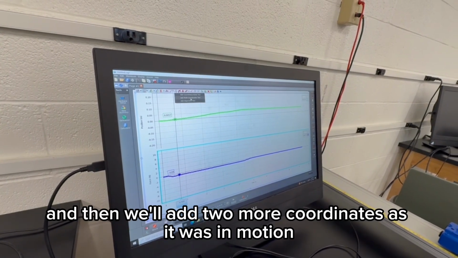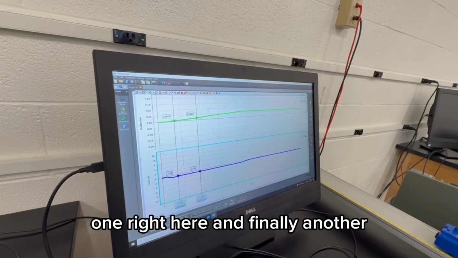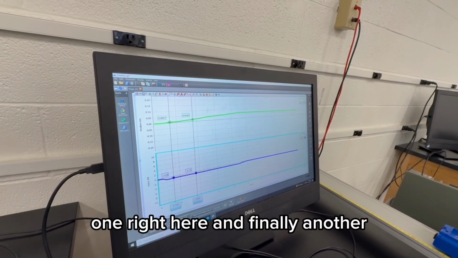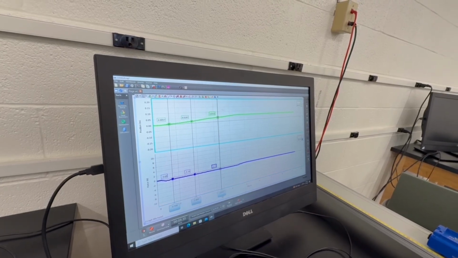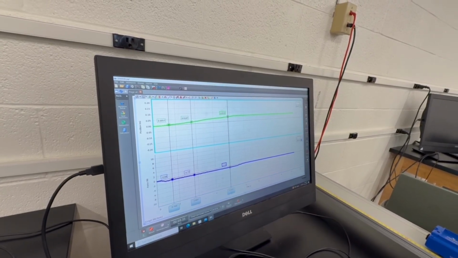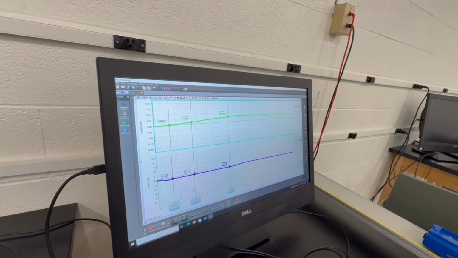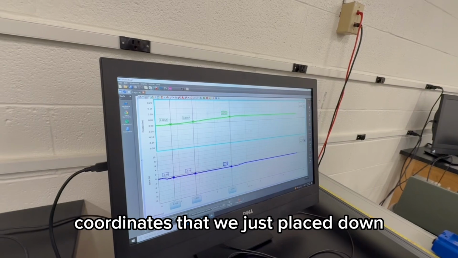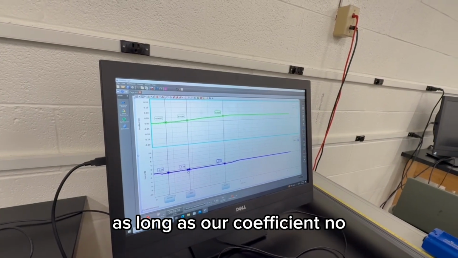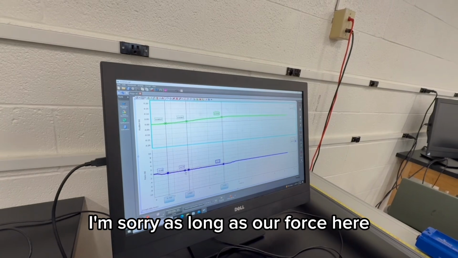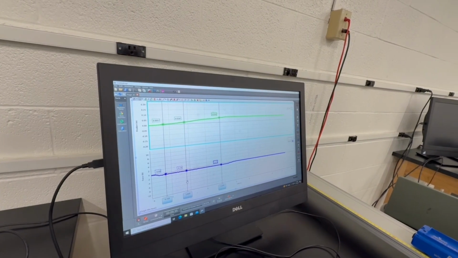So let's say right here, and finally another right there, right before it comes to a stop again. With these coordinates that we just placed down, we'll understand the force.